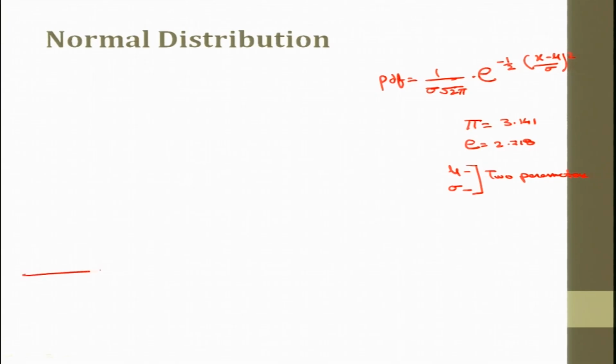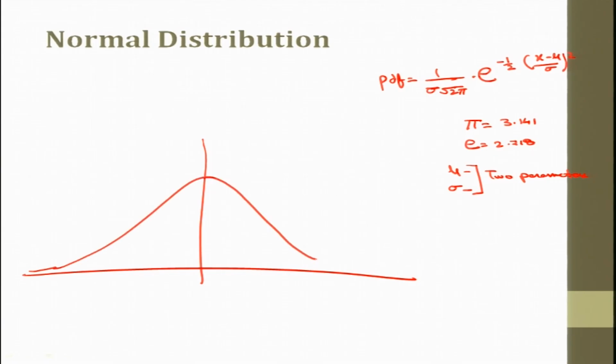If I draw the normal curve, the curve is symmetrical around the central line and it is an asymptotic curve.